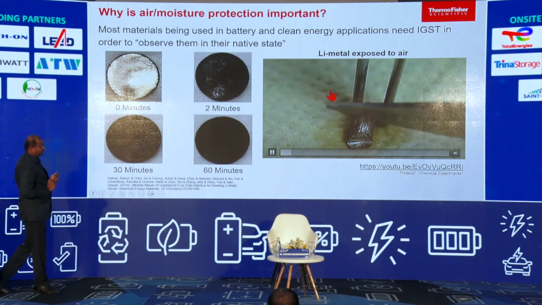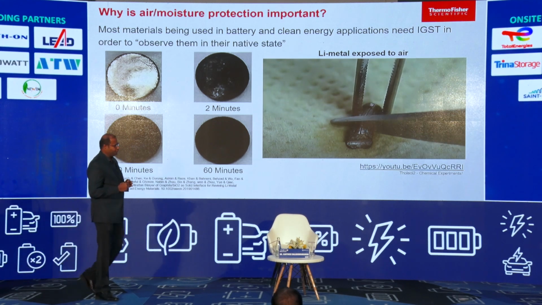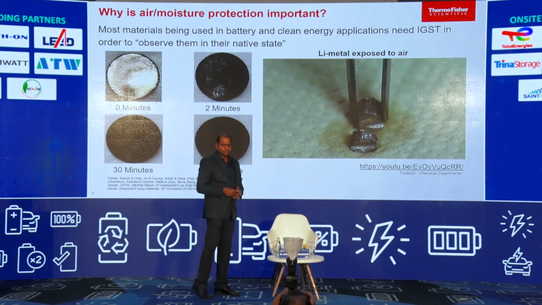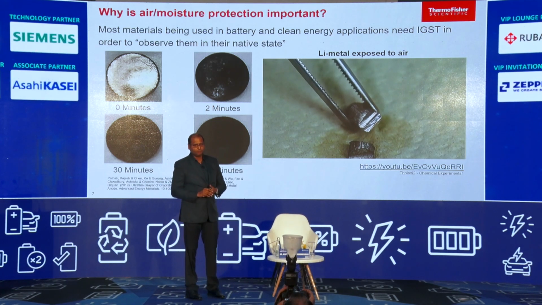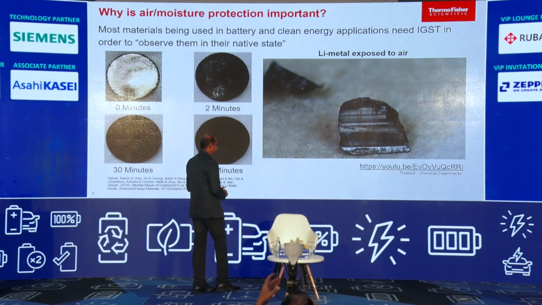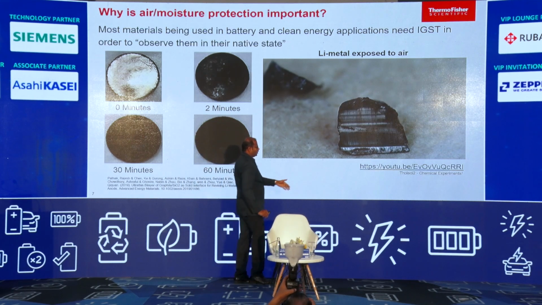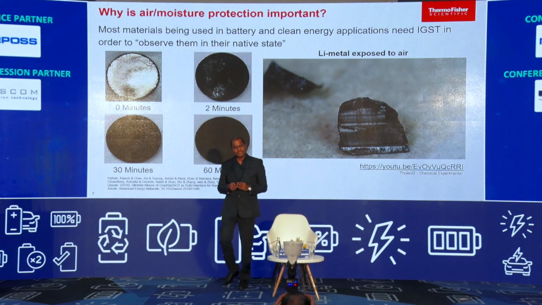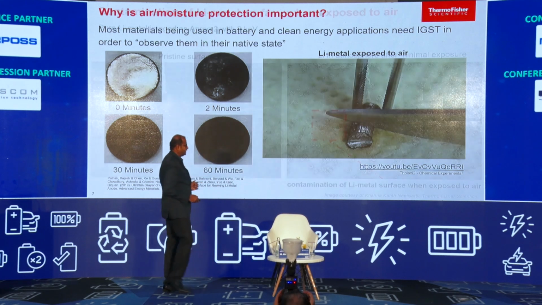This quick video, a popular video from YouTube, shows a lithium metal in a pure state, very clean from oxidation, but the moment it gets exposed to air, the oxidation spreads out so fast and that results in limiting the performance of the material.